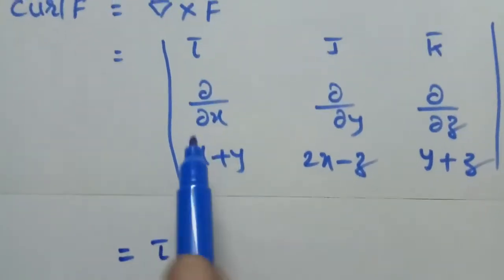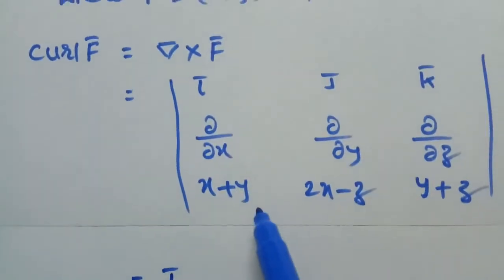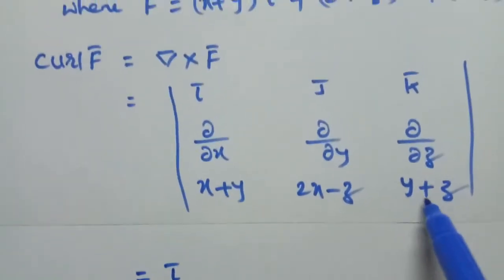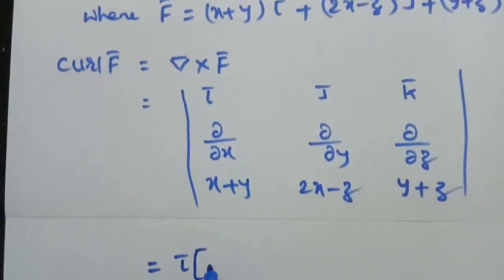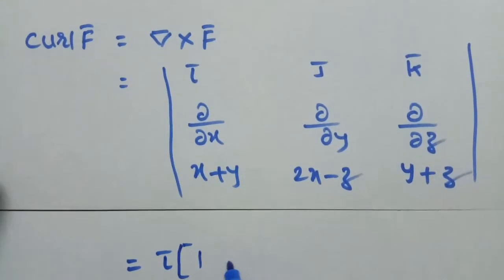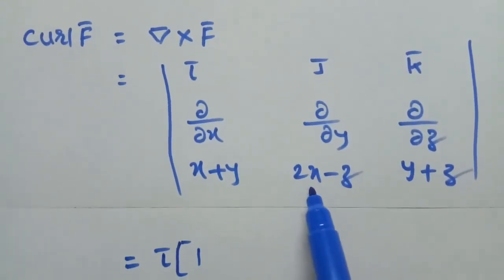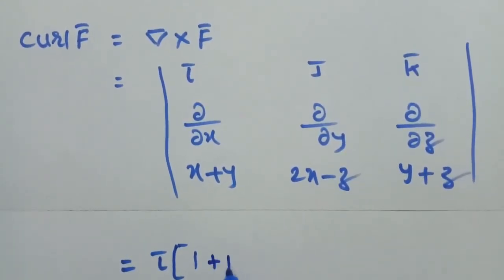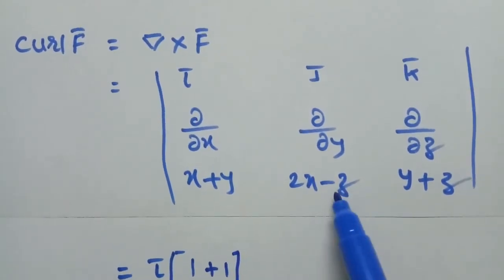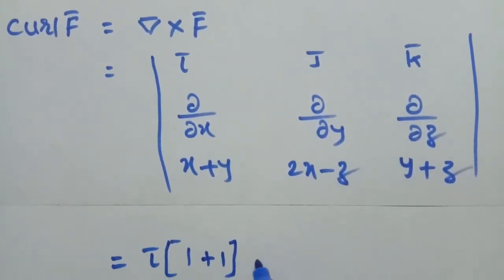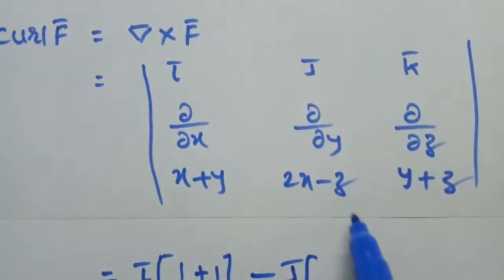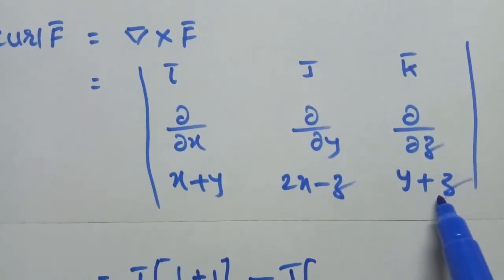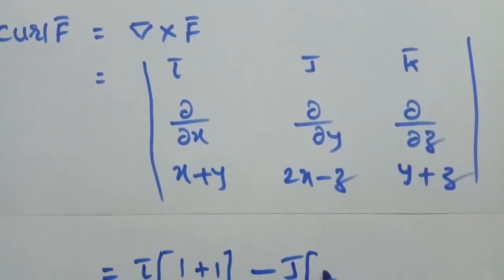That is equal to i bar times, by deleting first row, first column, dou by dou y of (y plus z), partial derivative with respect to y, z is a constant, therefore 1, minus dou by dou z of (2x minus z), which is 0 minus 1, so plus 1. Minus j bar times, by deleting first row, second column, dou by dou x of (y plus z); as y and z are constants, therefore 0.